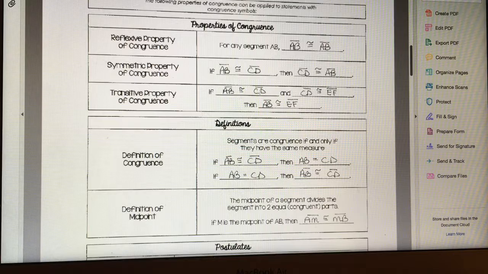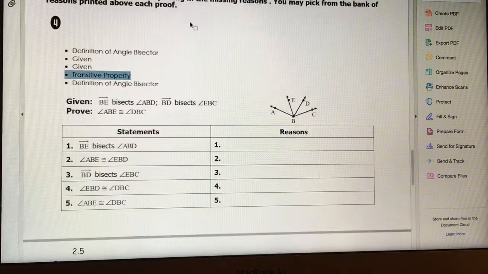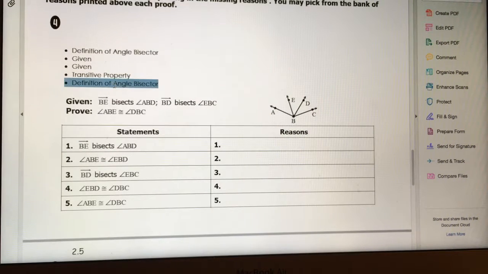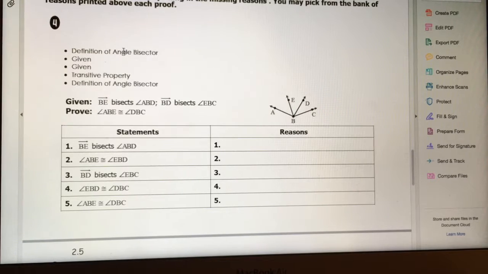If the first is congruent to the second and the second is congruent to the third, then you can say the first is congruent to the third. And then we have the definition of an angle bisector. Again, that's the same thing that allows us to say that an angle bisector divides an angle into two equal parts.